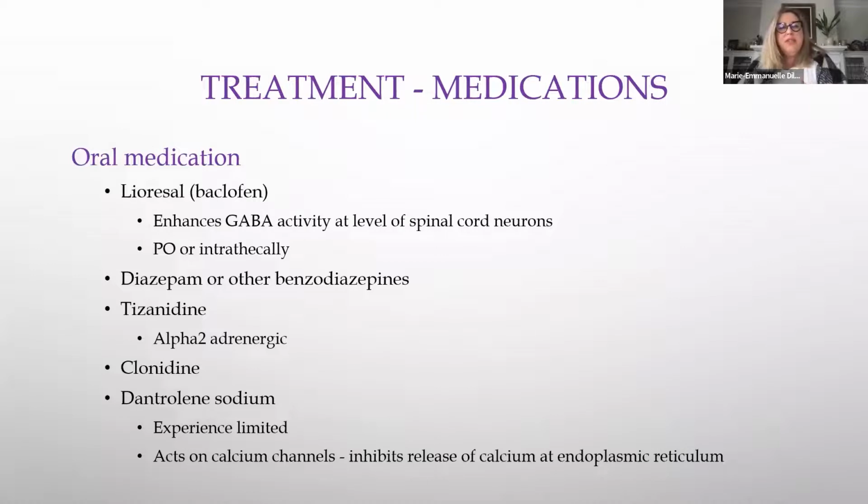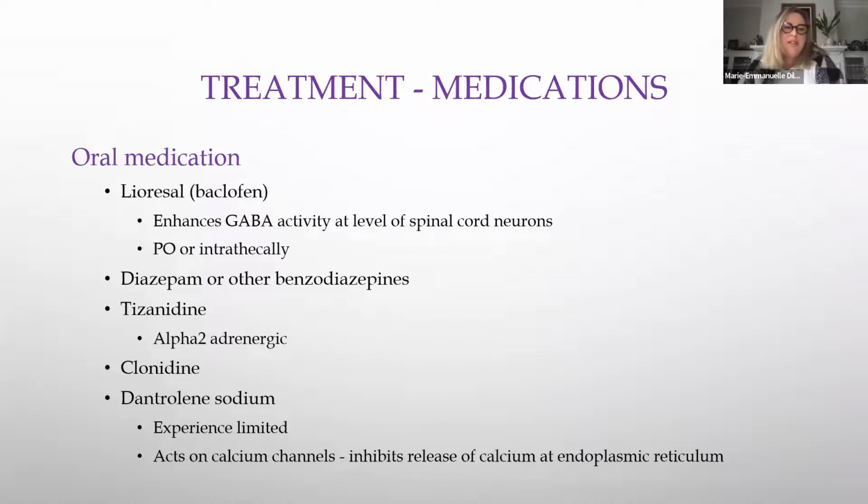We talk about oral medication. The most common is baclofen. Baclofen can be given per mouth or intrathecally, so in the liquid around the spinal cord. It enhances GABA activity and therefore inhibits better. Benzodiazepines are also a good choice. The problem with benzos is that usually a patient gets accustomed to it, and it increases drooling and decreases axial tone.